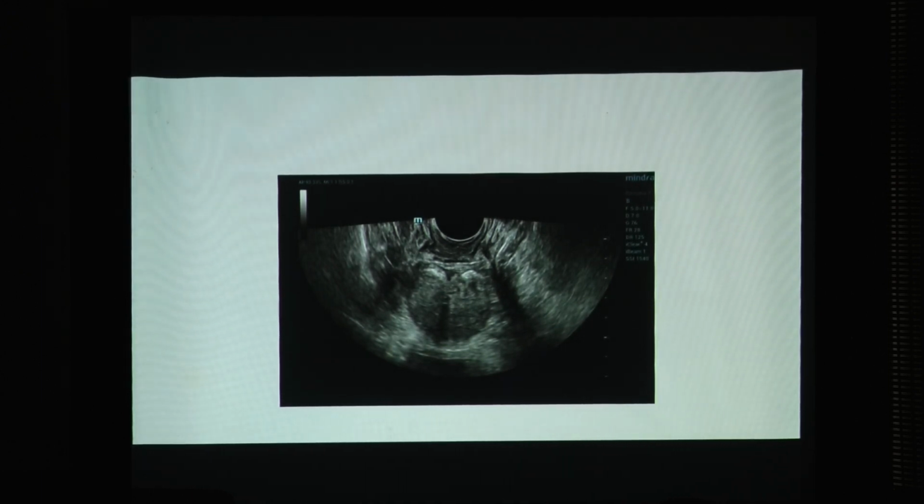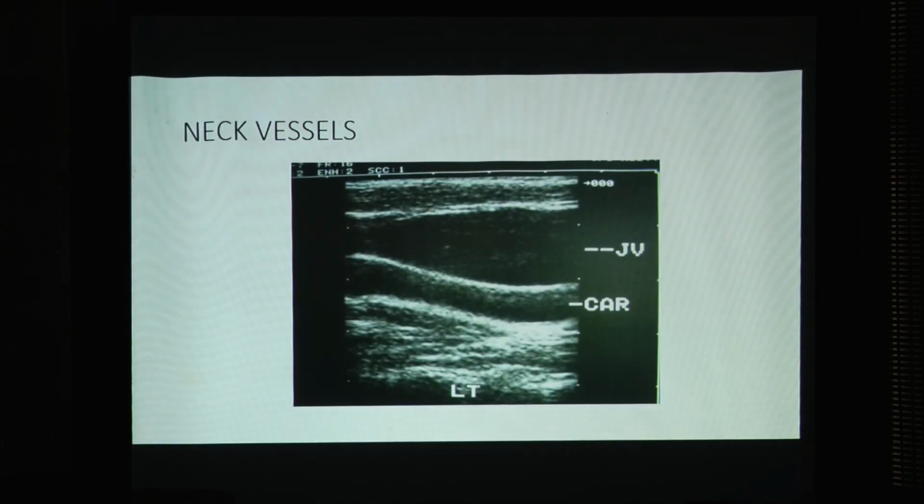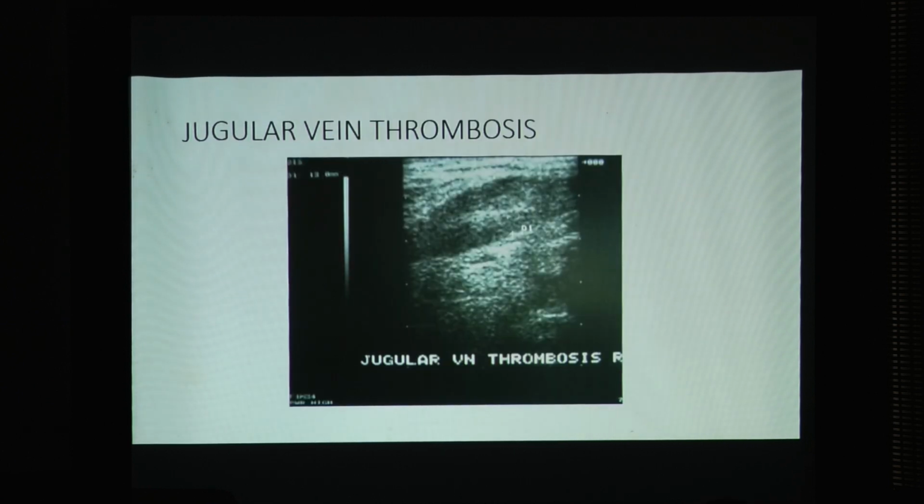Then for children, you can pick up the suprarenal mass as in the case of a neuroblastoma. Then neck vessels can be studied by Doppler, and even B mode will give you the flow. And if there is some echogenic area inside causing a thrombus, you can identify it.